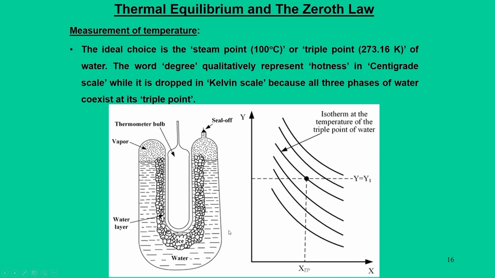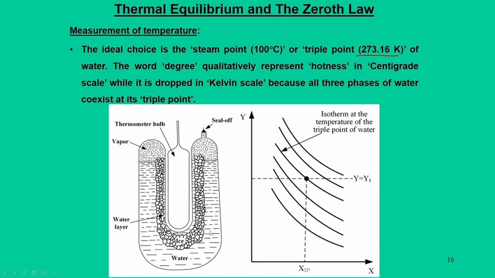So, what does this triple point of water mean? Here we have a thermometer bulb put in a medium or in conditions which measure the triple point, that is 273.16 Kelvin, which means that this thermometer bulb is in equilibrium with this complete system involving water, ice and vapor.